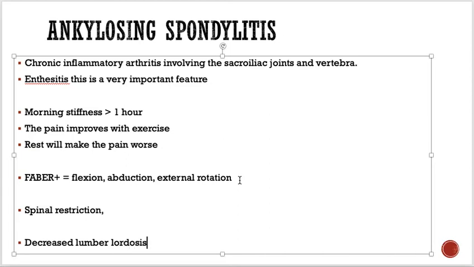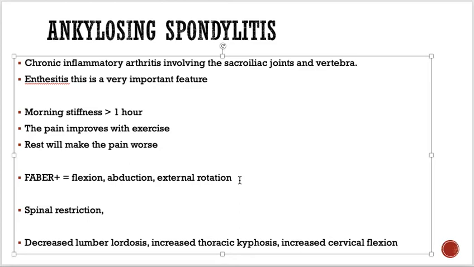Now, if you know what lordosis is, the thing will be easy for you, but I will show you in a while what it means. They have increased thoracic kyphosis, okay, and they have increased cervical flexion.